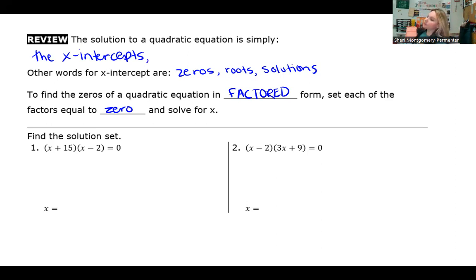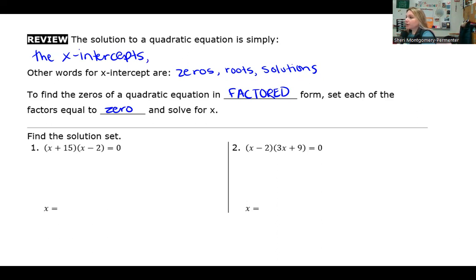That's the whole reason we spent the first day remembering how to factor, or for some of you learning how to factor, because you have to be able to factor to find the solution of these quadratics.